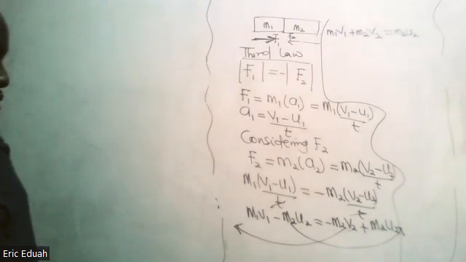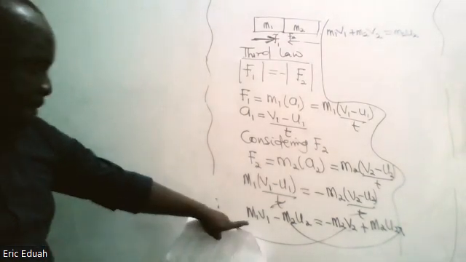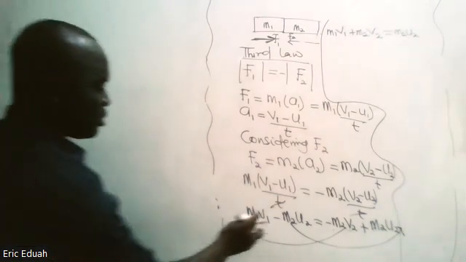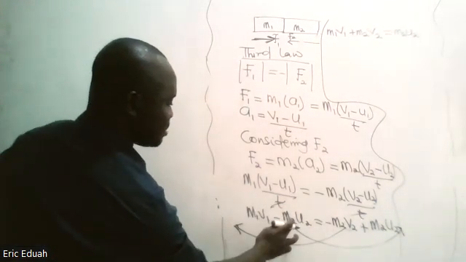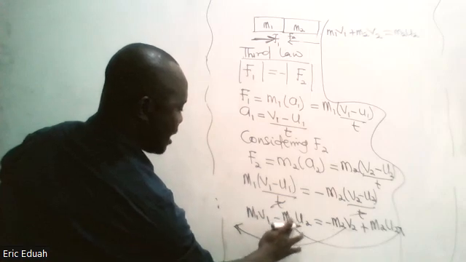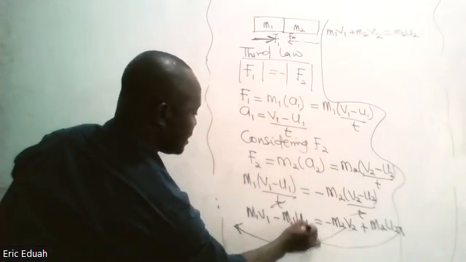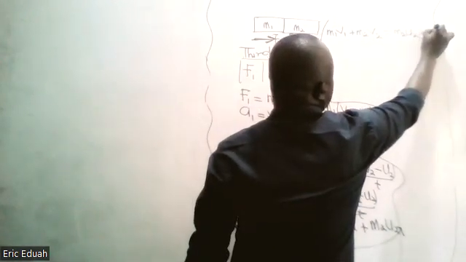Hold on, let me see. Oh, this must be M1 U1. Okay, this must be M1. So plus M1 U1.